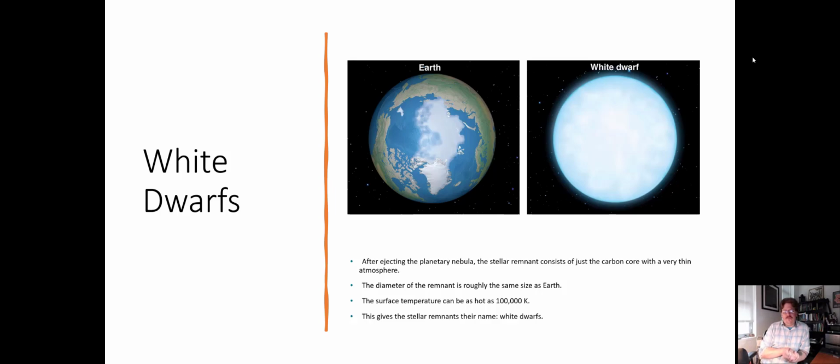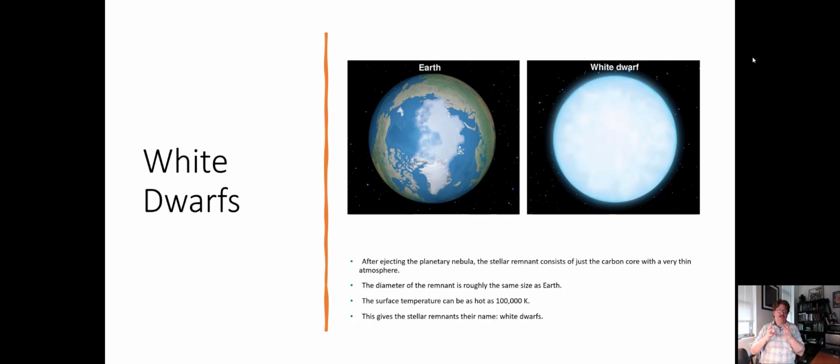A white dwarf will contract as it goes through its final stages. And on average, not all white dwarfs are essentially built the same, because again, mass is a thing. But on average, a white dwarf is going to be roughly the size of the Earth.